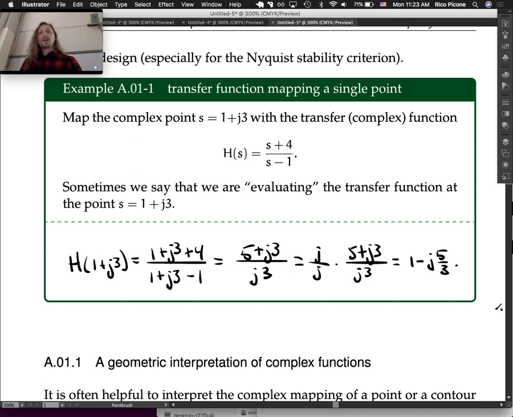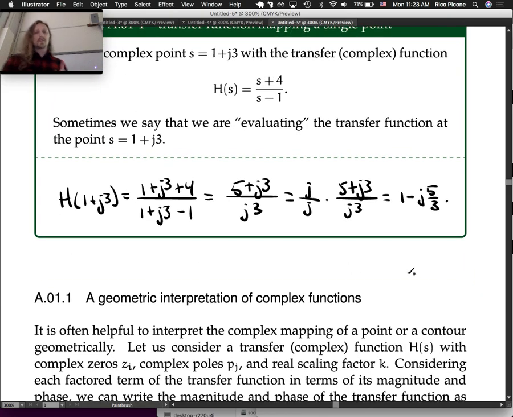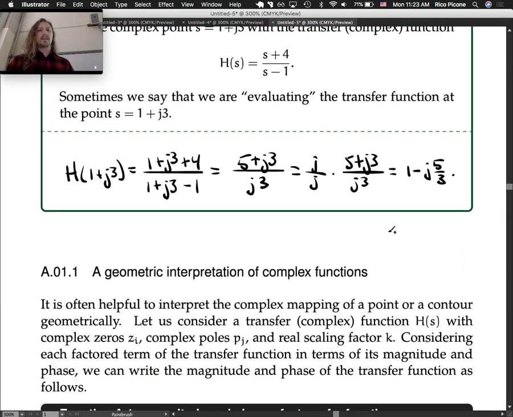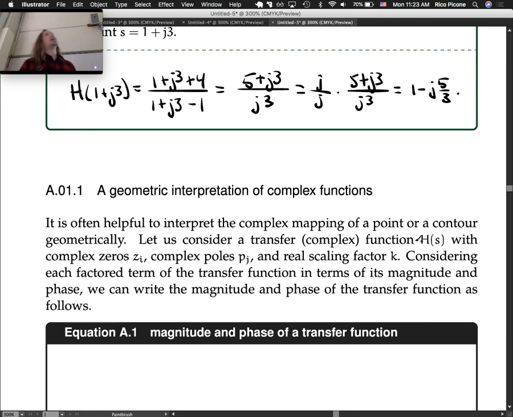Okay, so a geometric interpretation of complex functions. This is kind of the big payoff for us in this class. This is what we're after. It is often helpful to interpret the complex mapping of a point or a contour geometrically.